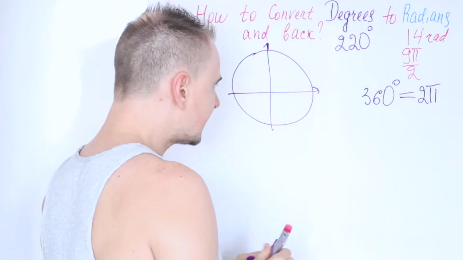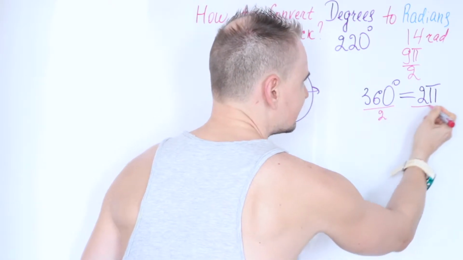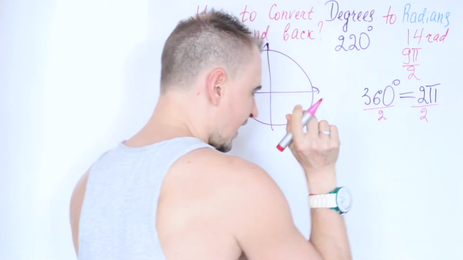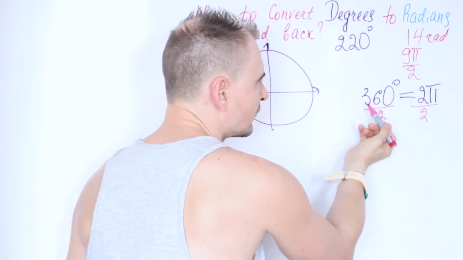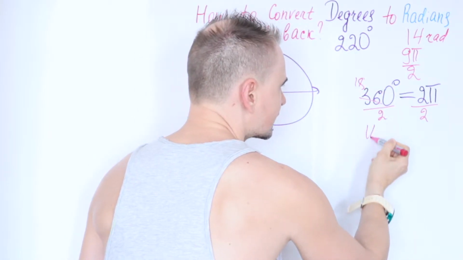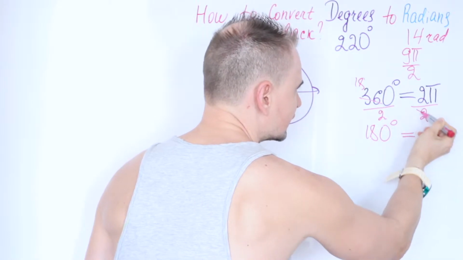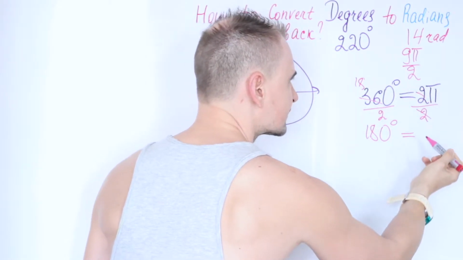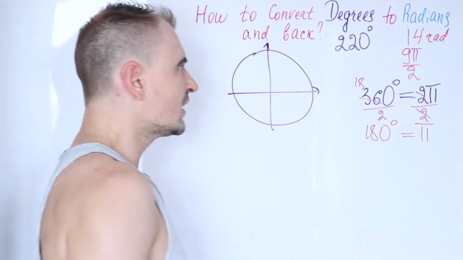Now, typically what we can do is just divide both sides by 2 in order to simplify this equation. And you would be left with, since 2 goes into 360 180 times, 180 degrees equals, and these two cancel each other out, equals just pi.